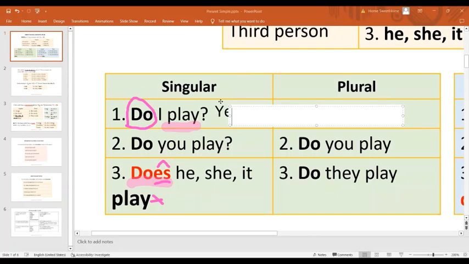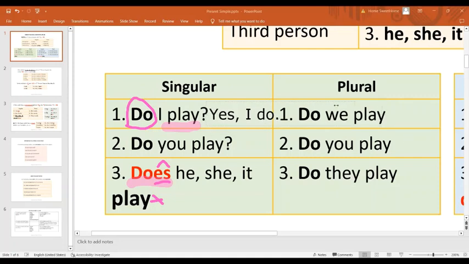So when we answer, we don't use this main verb. We don't say yes, I play. We use the auxiliary or helping verb do, does. So this is another rule in creating present simple tense in the English language.